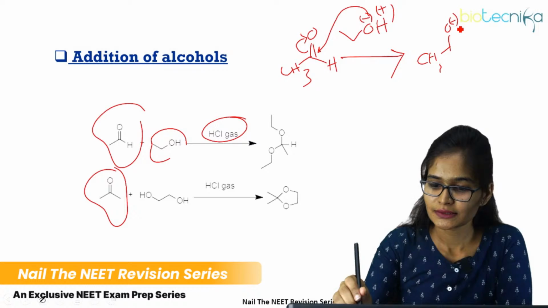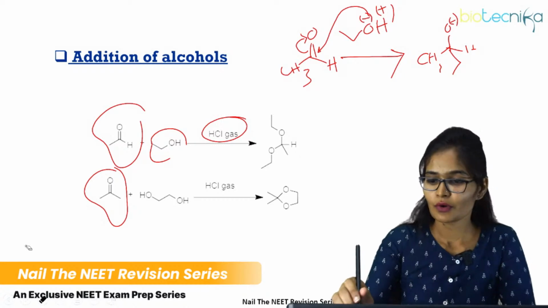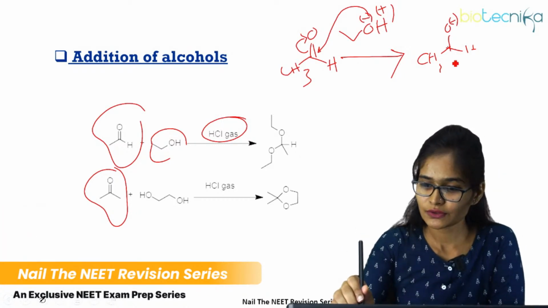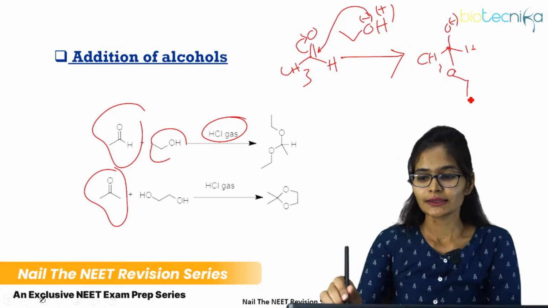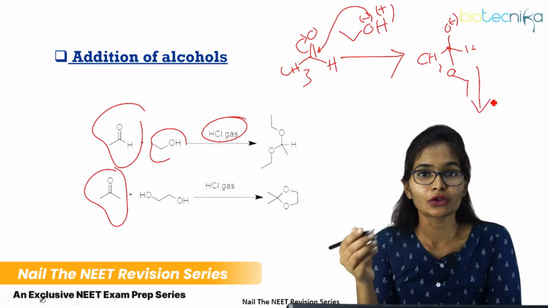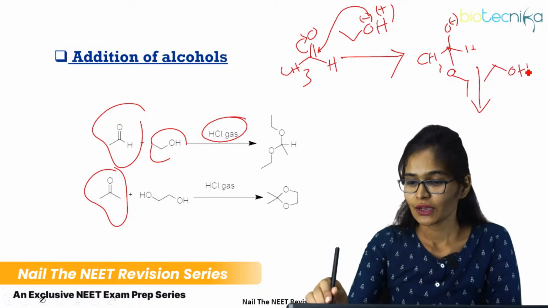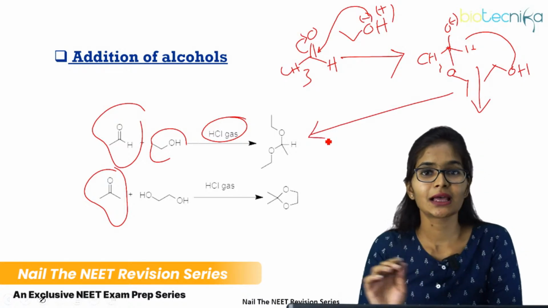You get the newly bonded product, where the oxygen is carrying C2H5. Then you consider another mole of alcohol, C2H5OH, and attack by the same method, and you will get acetal as the product.